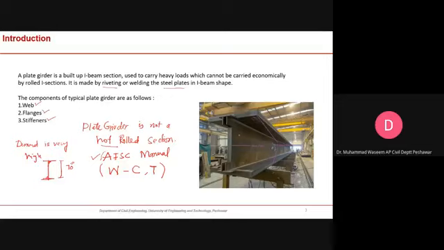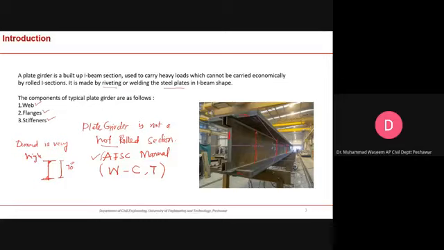If you see in this figure, this is a web. This is a plate which is called a web. These are called flanges, and in addition to these two components we will have stiffeners, which are provided along the longitudinal direction of this plate girder.